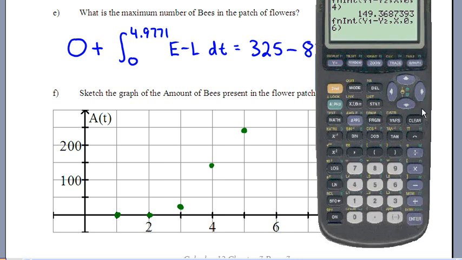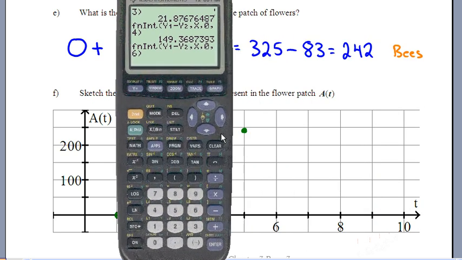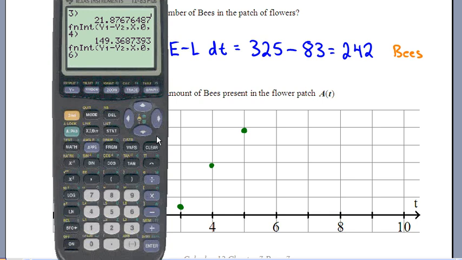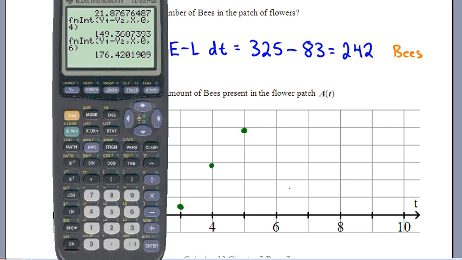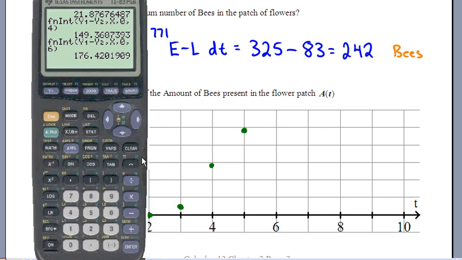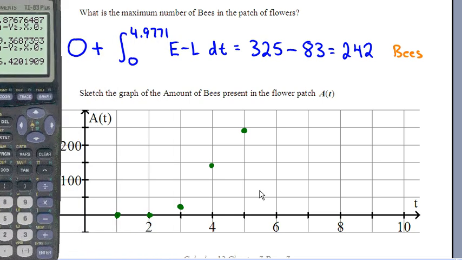And this is actually pretty typical for work with integrals. Often you just get your calculator to do those integrals for you. 176. So we're up. What does my scale look like here? So 150, 176, somewhere in here.